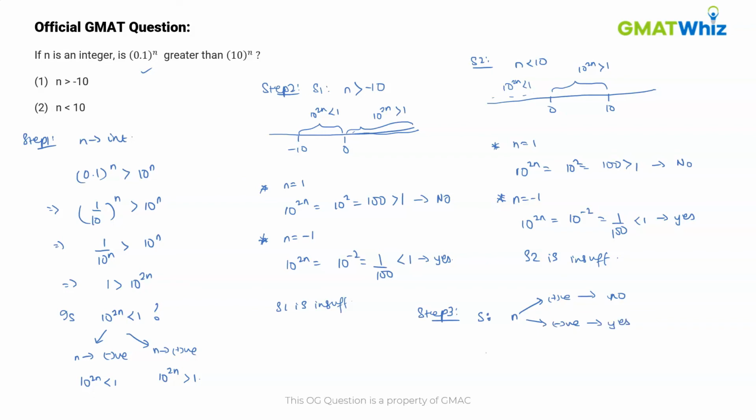Again, from statement 2, we have that when n took a positive value, we got no as an answer, and when n took a negative value, the answer to the question was yes. Since in both the cases we took minus 1 and 1 as the possible values, we can see that after combining the two statements also, we would not get a sufficient answer. Hence the correct answer is option E.